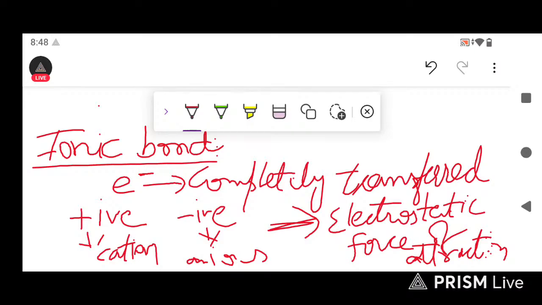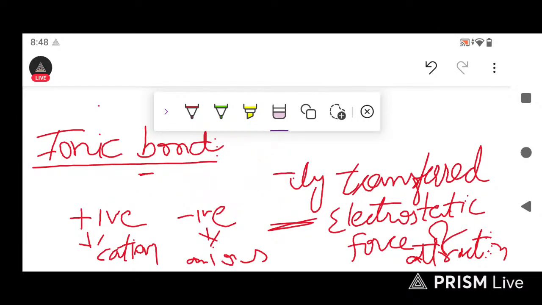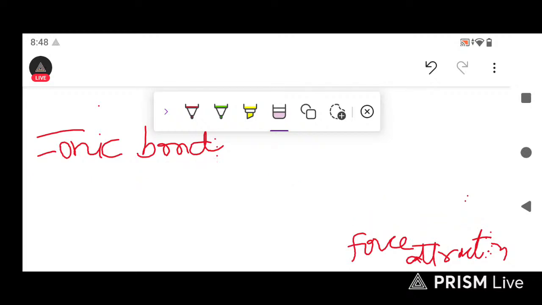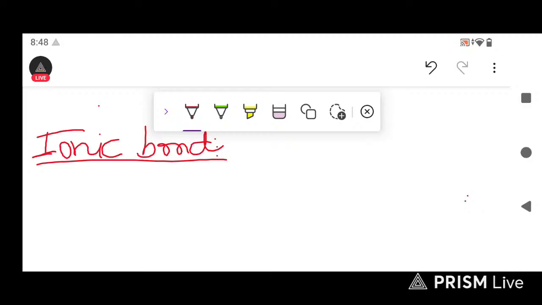Now the most common example of an ionic bond, which you must learn, is very important from an examination point of view, because this simple example often comes in every ionic bond question. What is the ionic bond example?